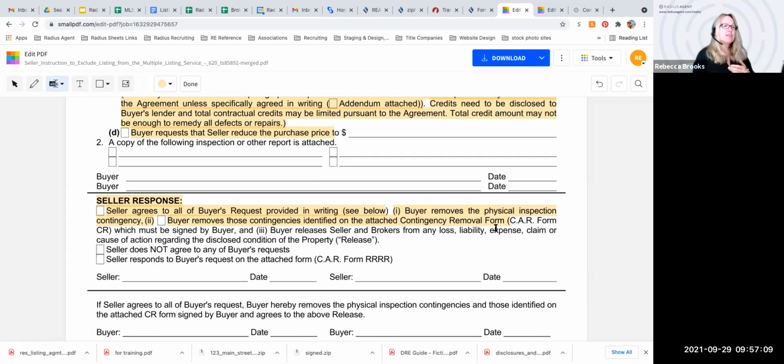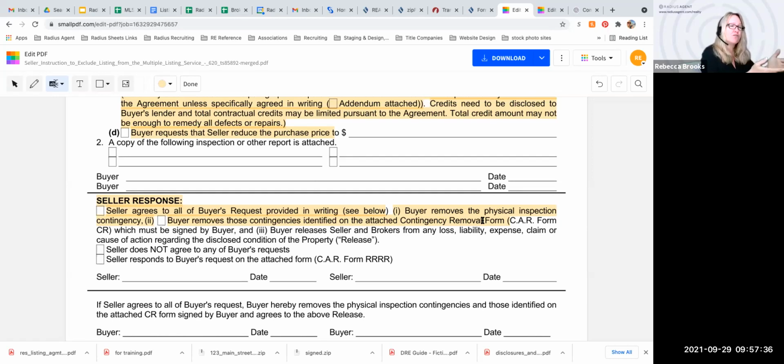And so when the seller responds and says, okay, I'm going to agree to your request, but I want you to remove your contingency, that is supposed to have a contingency removal form attached when this document goes back to the buyer. Okay, and so that can be confusing because listing agents don't usually prepare contingency removals, right? It's not really the listing agent's job to prepare a contingency removal.